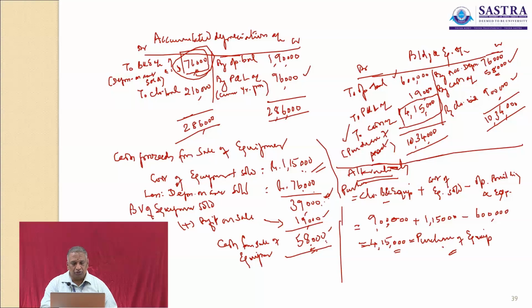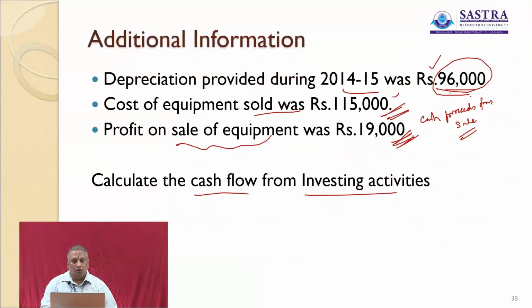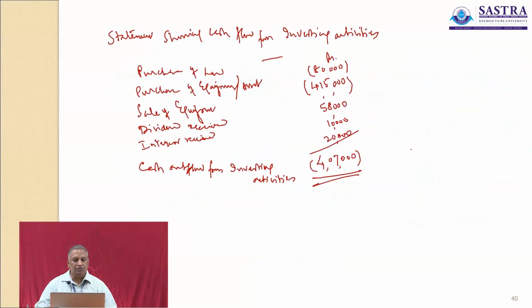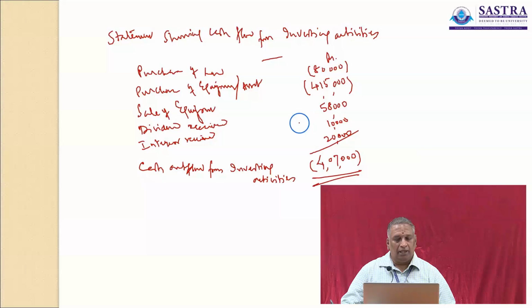Hope you are now in a position to understand how to prepare the necessary ledgers to calculate cash proceeds from sale of some part of an asset and purchase of additional asset, and the alternative method. And finally, we prepared the statement showing cash flow, and we could understand that there is cash outflow on account of purchases.